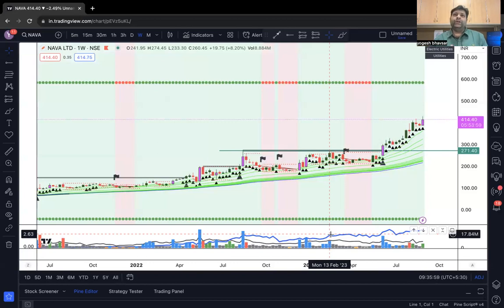We trade only in the buzzing stocks and the sector that is coming in the market, which has been spoken out loud and is very much in the market, so that you can gain the maximum benefit of the volatility.